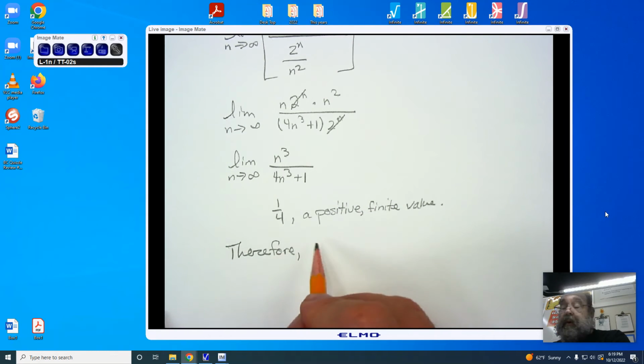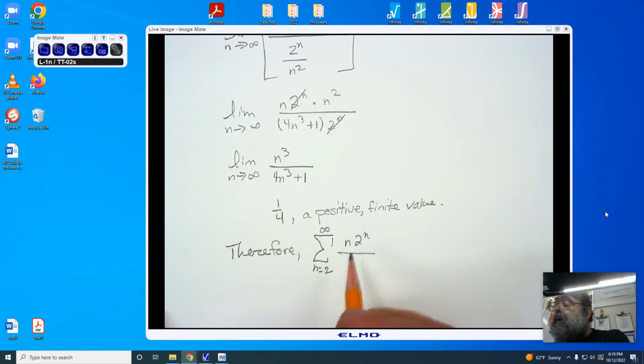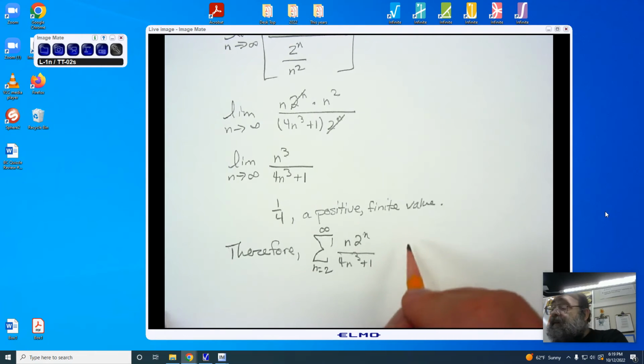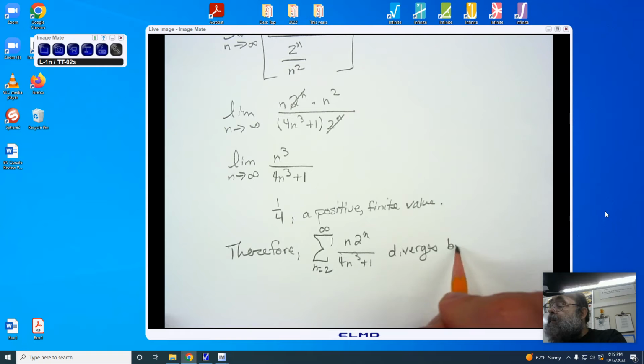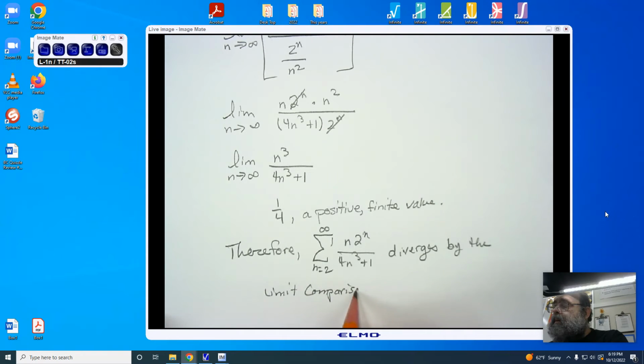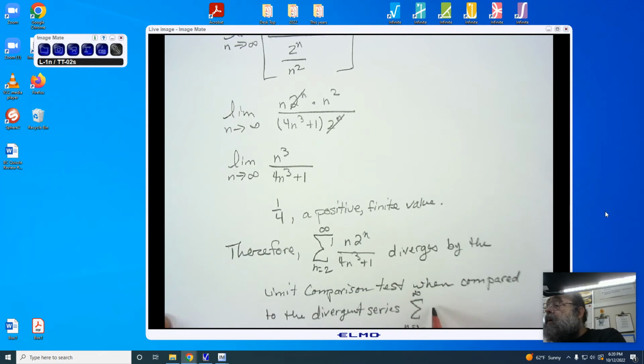Therefore, the series summation n starting at 2 and going to infinity of n 2 to the nth over 4n cubed plus 1 diverges by the limit comparison test, when compared to the divergent series summation, n starts at 2 and goes to infinity, of 2 to the nth over n squared, period.